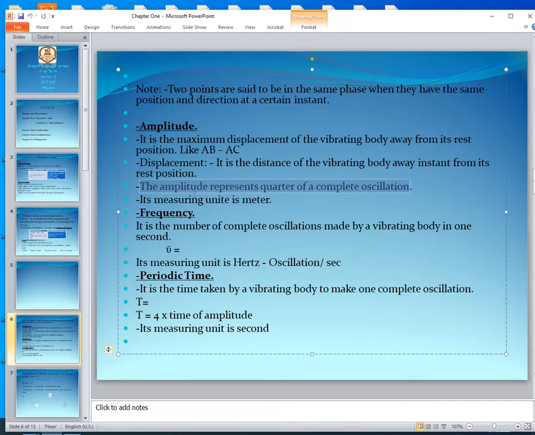And this amplitude, of course, is a distance, or a displacement. So its length, we can measure it by the measuring unit of length, which is the meter. The meter is the measuring unit of the amplitude.